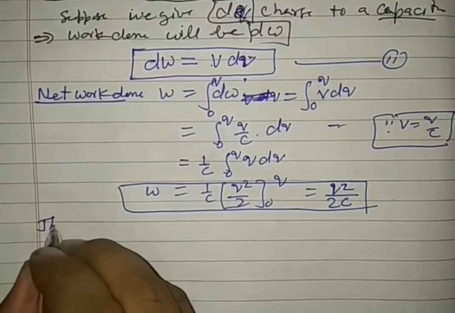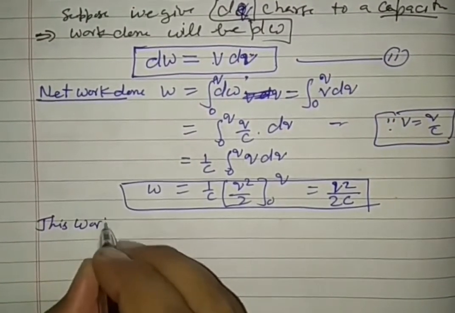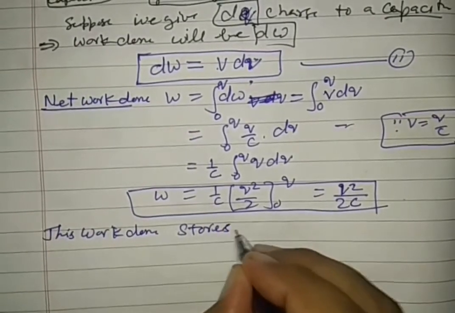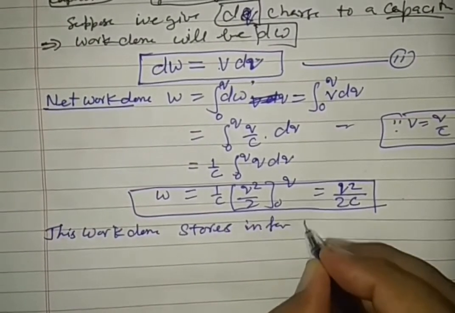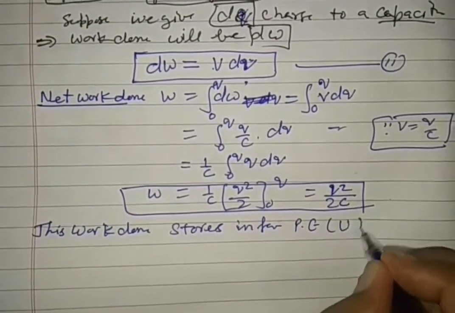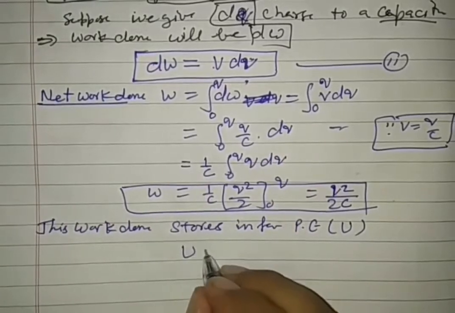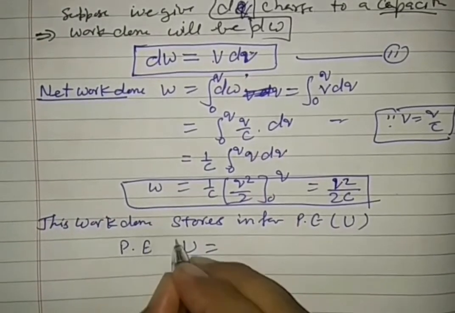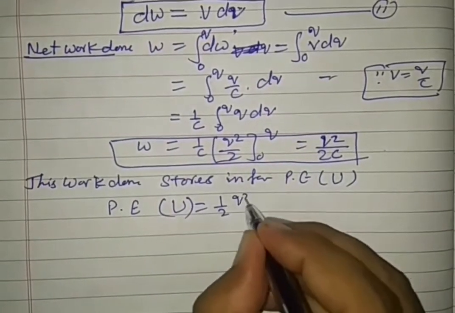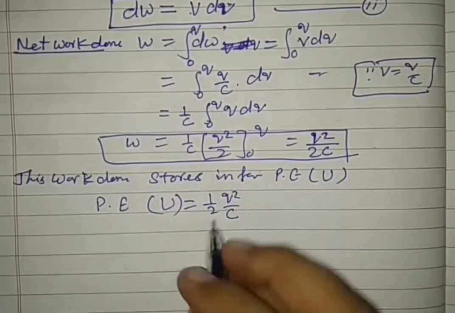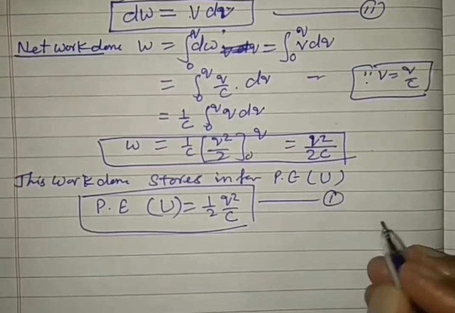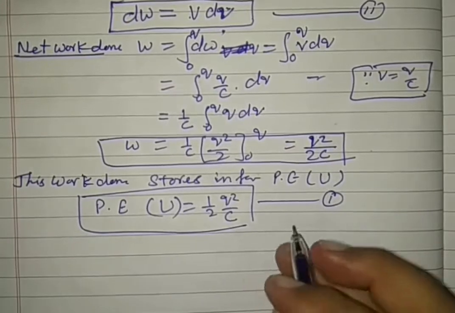We know this work done is stored in the form of potential energy. Potential energy is denoted by U here. So potential energy U is equal to half q square by c. This is one formula. It is represented in other forms also.